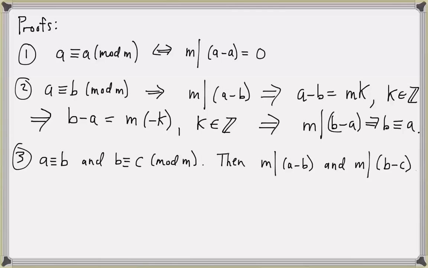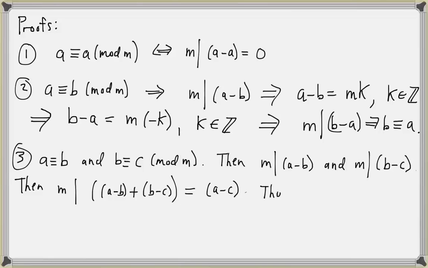So m is a common divisor of a minus b and b minus c, so it will divide any linear combination of a minus b and b minus c. In particular, m divides the quantity a minus b plus b minus c. This equals a minus c. Therefore, m divides a minus c, and that's the definition of a being congruent to c mod m.